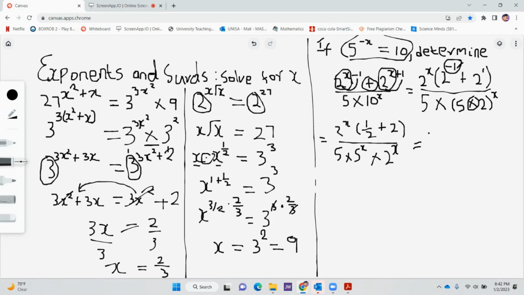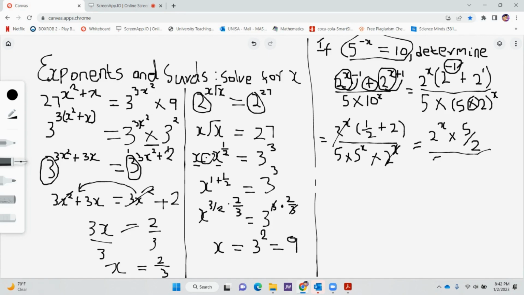Then we have 2 to the power of x, half plus 2 is 5 over 2, all over. Notice that we have 2 to the power of x divided by 2 to the power of x. That is 2 to the power of x minus x, which is 0. They disappear. So 2 to the power of x disappears. All right.